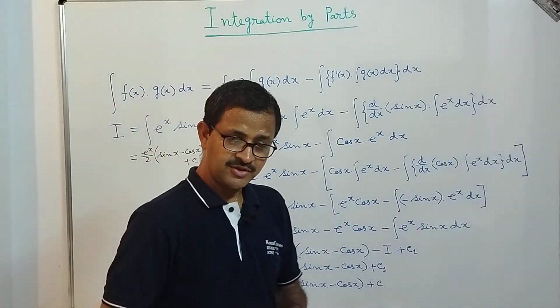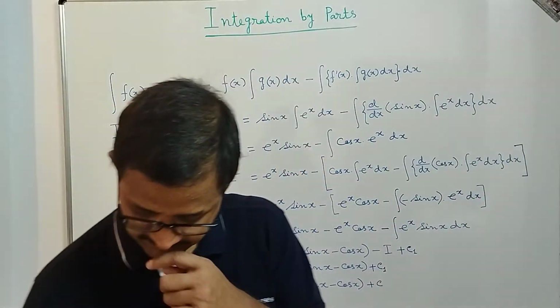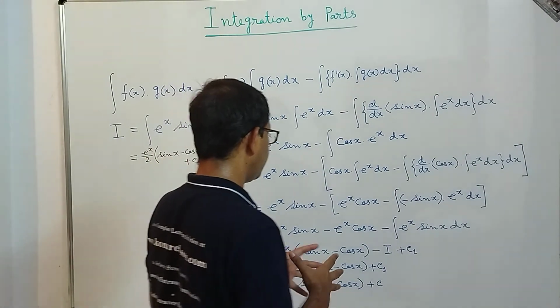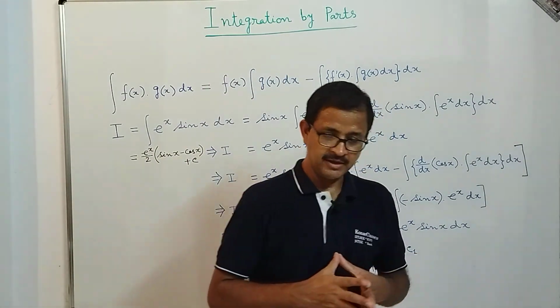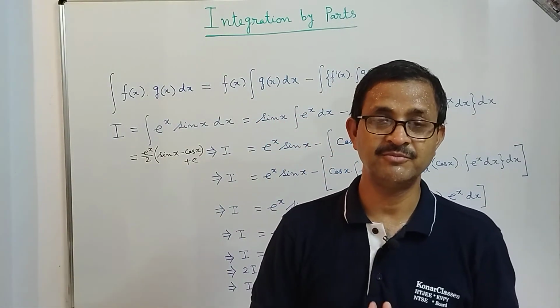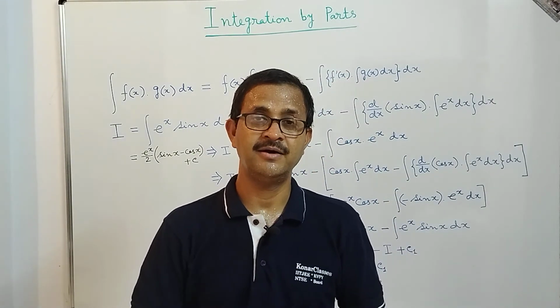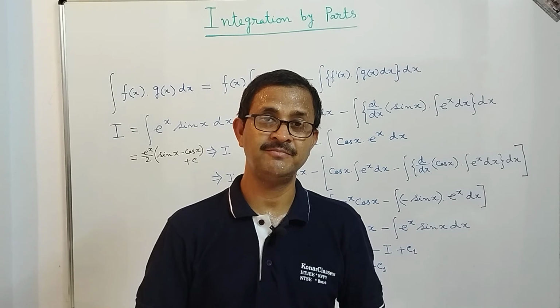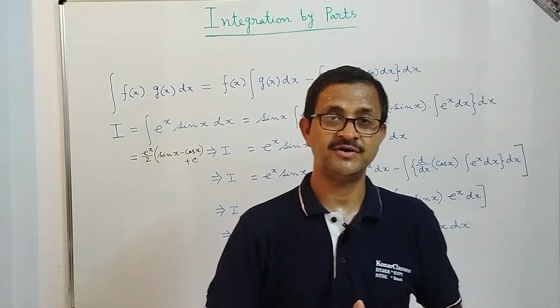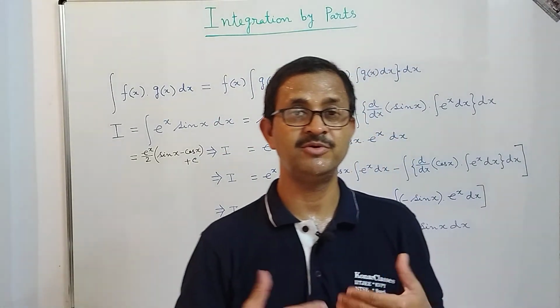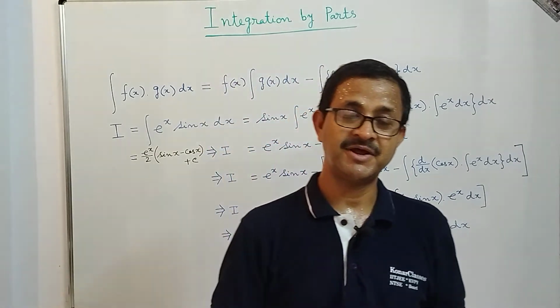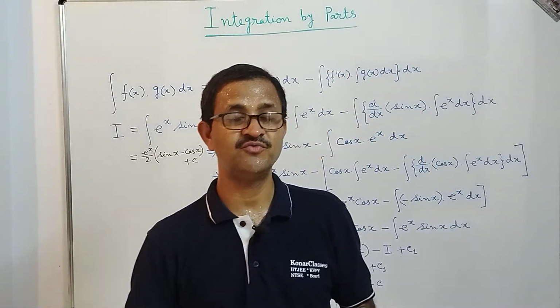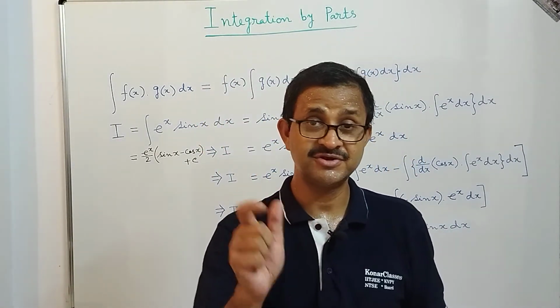Okay, dear students, I hope you got a very clear idea. What I will suggest is that you make some more practice from the website www.konarkclasses.com. You will get plenty of relevant problems when you solve with DPP, that is daily practice problems. After that you can go for PT, that is practice test.